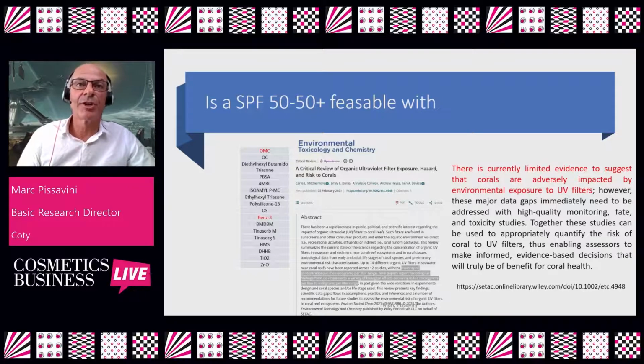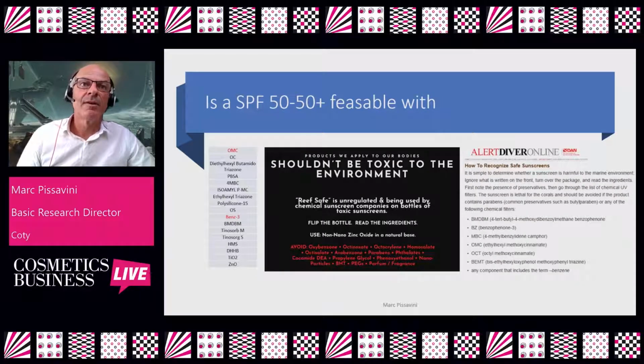Anyway, we have the pressure. You have seen that due to Hawaii and some other islands, it's difficult to use OMC and benzophenone 3. But if you go on the internet, you can see many different NGOs or health organizations saying please avoid, for example, oxybenzone, octinoxate, octocrylene, homosalate, and so on.